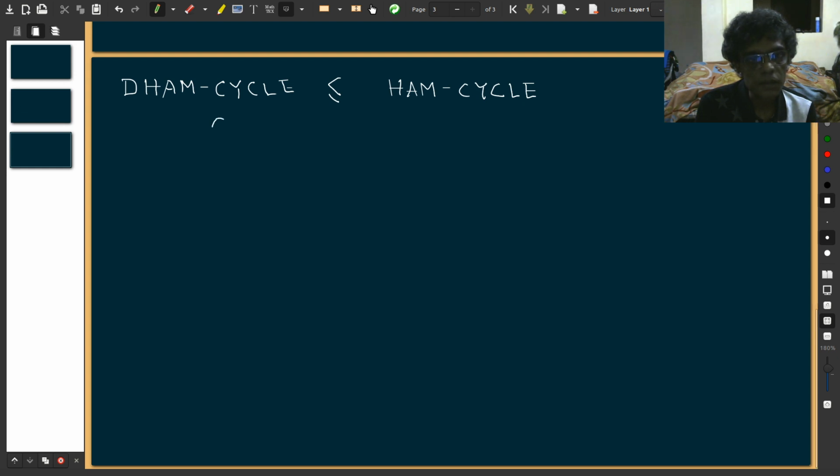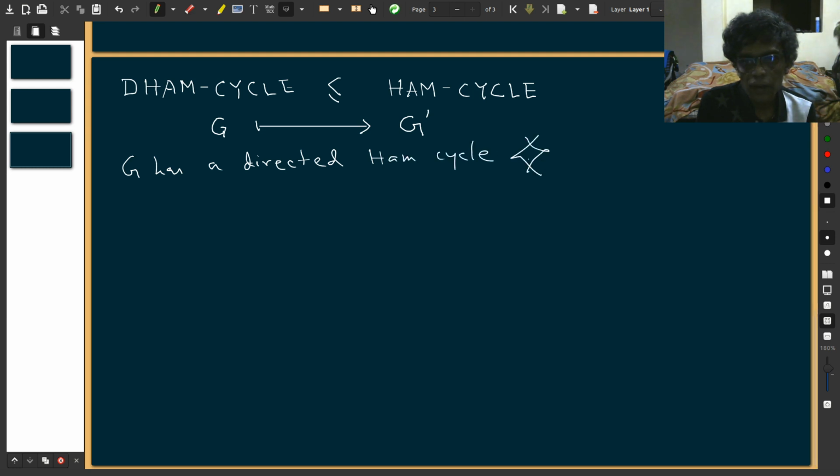Okay, so once again, given a directed graph G, I need to construct an undirected graph G prime such that G has a directed Hamiltonian cycle if and only if G prime has an undirected Hamiltonian cycle.